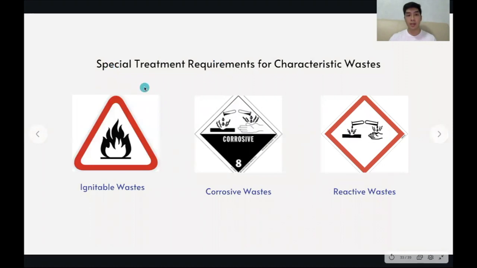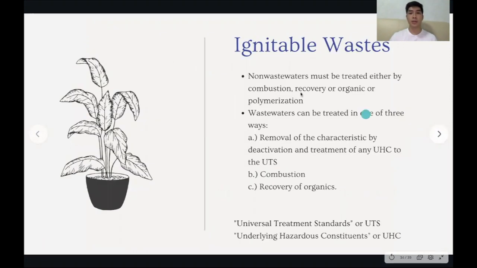And these are the three special treatment requirements for characteristic wastes: the ignitable wastes, the corrosive wastes, and the reactive wastes. So first, the ignitable wastes. Non-wastewaters must be treated either by combustion, recovery of organics, or polymerization.